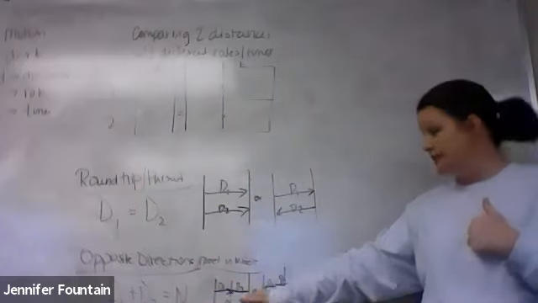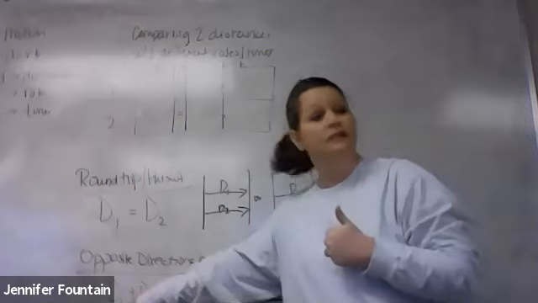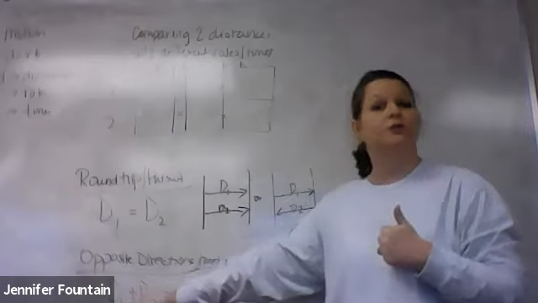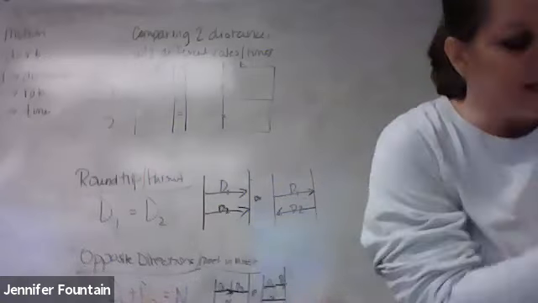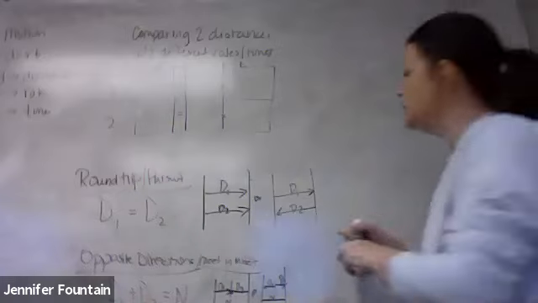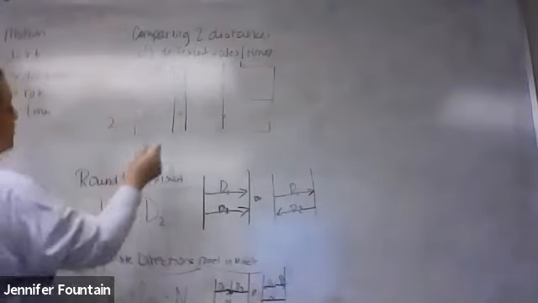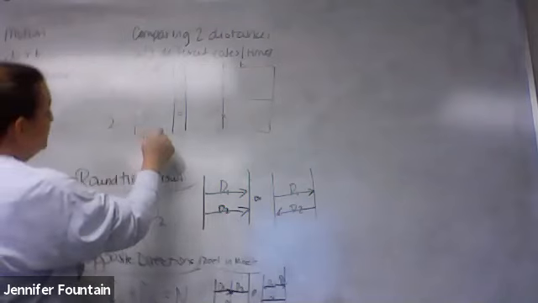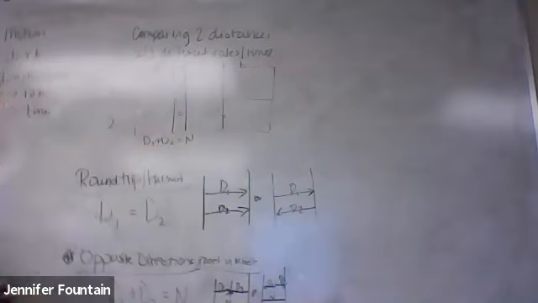So I know that if I'm using this, then the distance of one plus the distance of two is going to equal my total distance, okay? So in this example, I know that I'm going to be using opposite directions here. So let's plug in the information that we know.